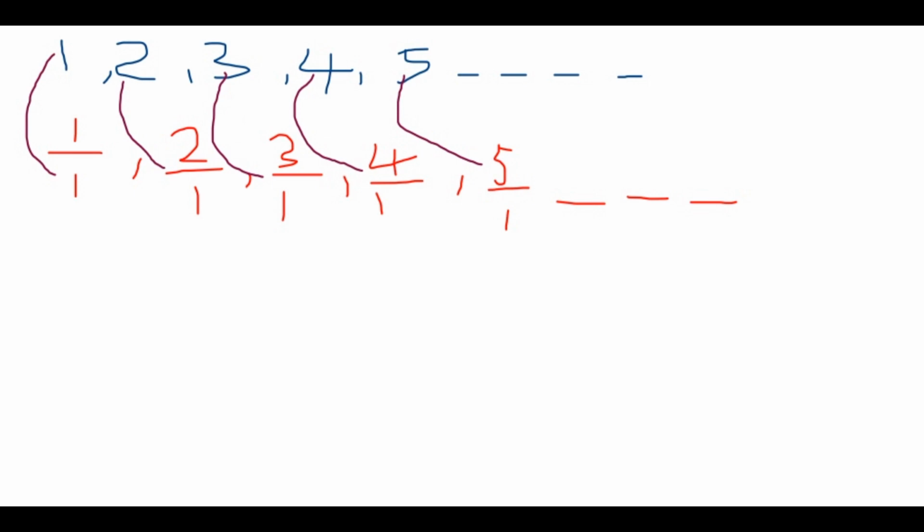So now I want to discuss the basic types of fractions that we have. The first type of fraction I want to discuss is the proper fraction. But before I discuss this, I need to first teach you something. Let's say we have a fraction 1 over 2.